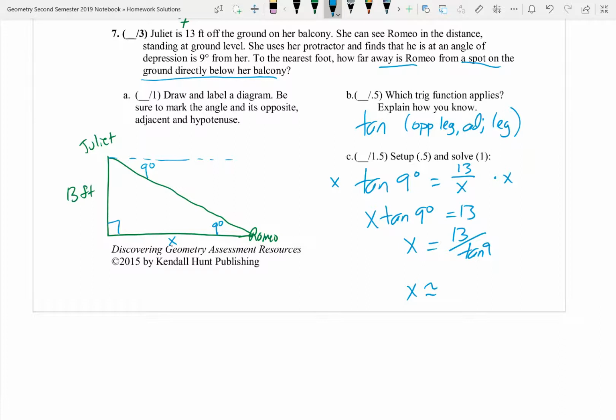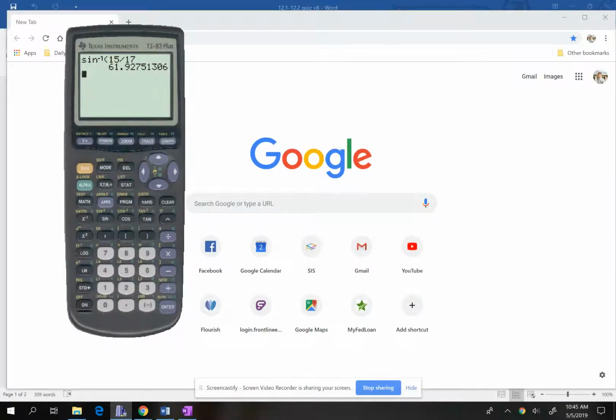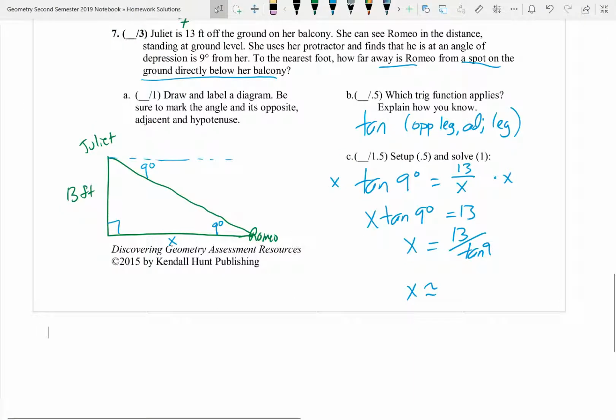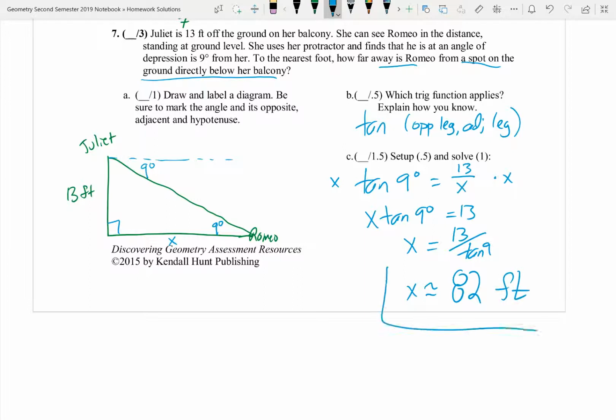And let's see what we get. It's about 82, looks like. So that's going to be about 82, what? Meters, feet? Looks like feet. That is your answer.